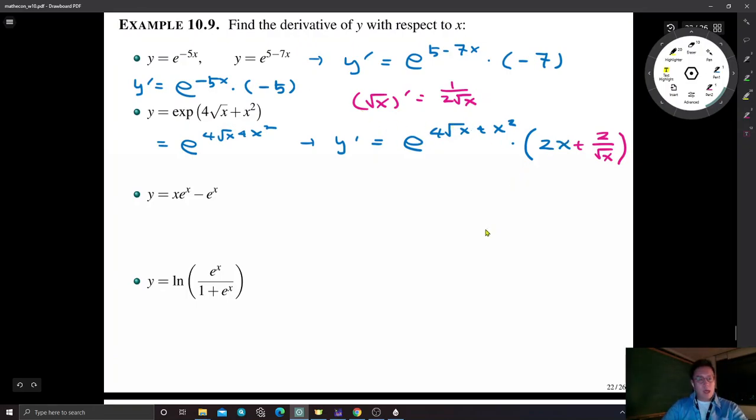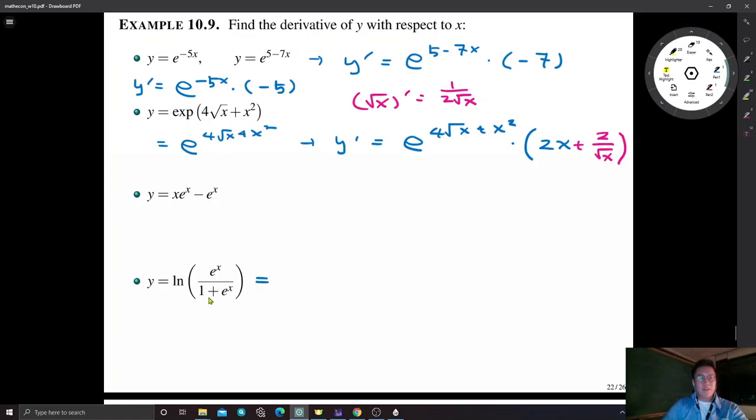Okay, and let me show you just one more formula, one more exercise. So let me go through one more exercise. Say this one. Okay, then y is given by natural logarithm of e to the power x over 1 plus e to the power x. So let me first use the property of natural logarithm to rewrite the function.